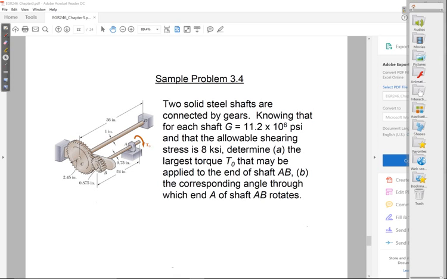So C is going to rotate by some amount, and then B is hooked up to C. B is a smaller gear than C, so what do you expect to be the rotation of B? From all that stuff we just discussed earlier with gears, you expect B to rotate by some amount that's greater than C. In fact, B is going to rotate by an amount that's larger by that ratio of 2.45 divided by 0.875.